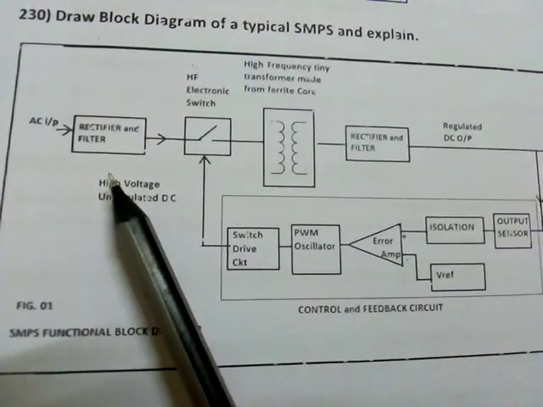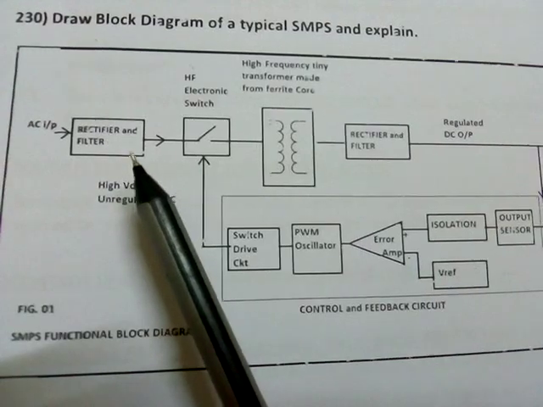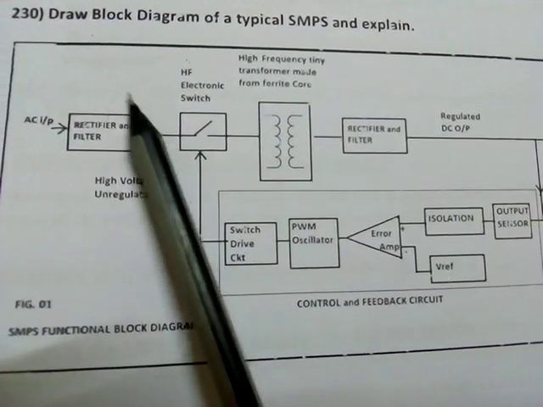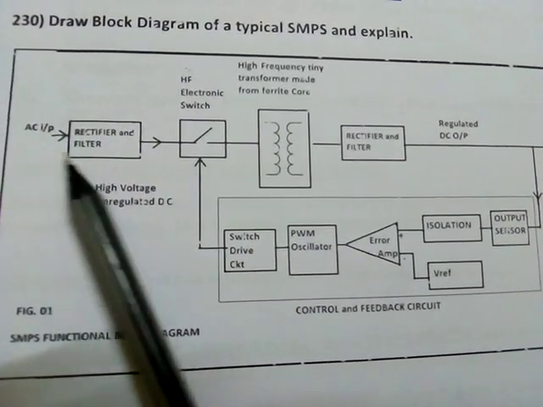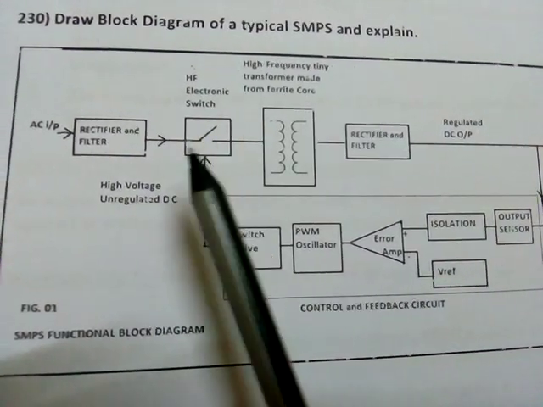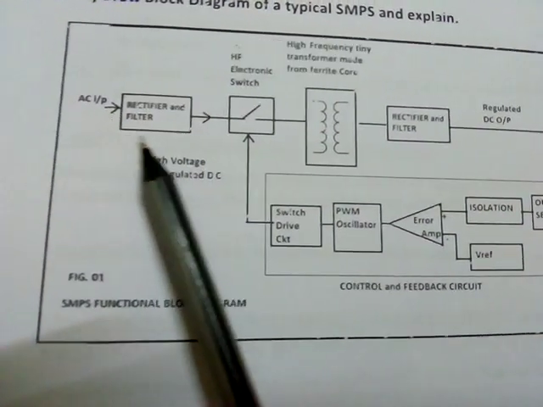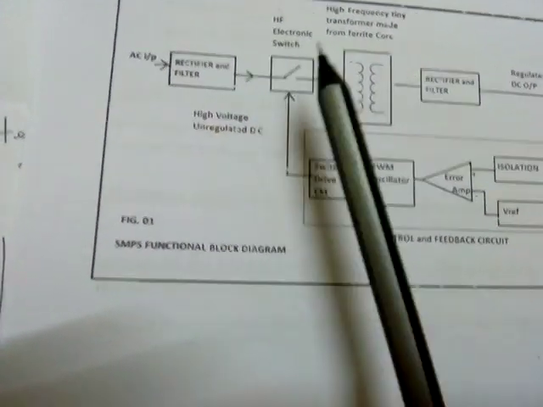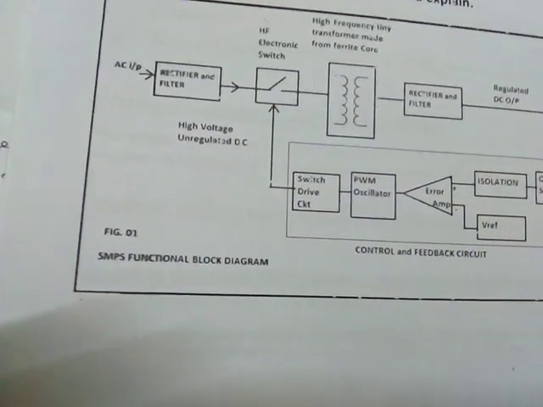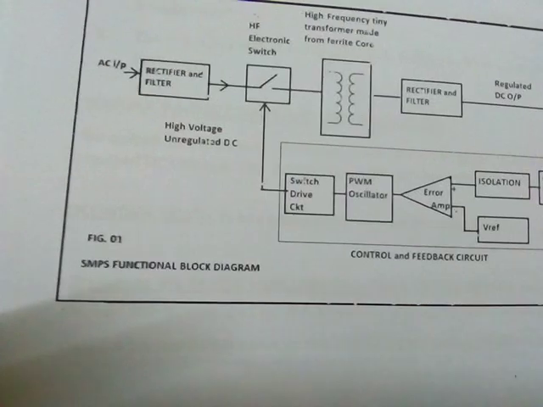See, in an SMPS, the input power supply, the high voltage AC power supply, is directly rectified first. This is AC, that is rectified and filtered before the next step.